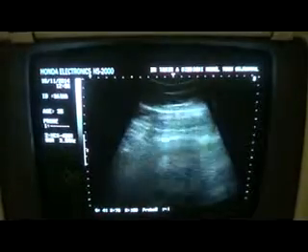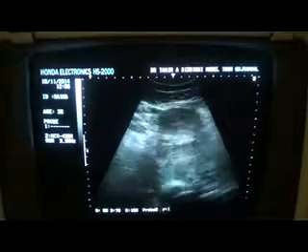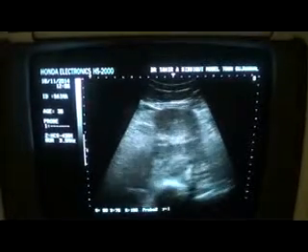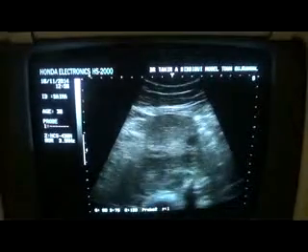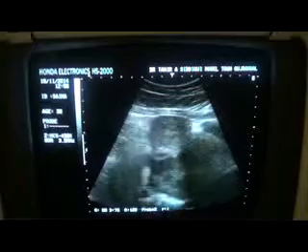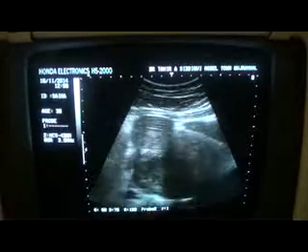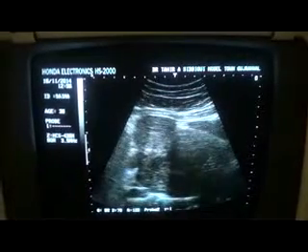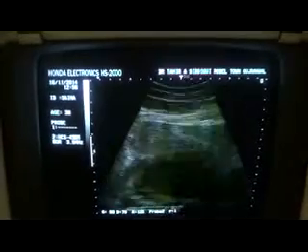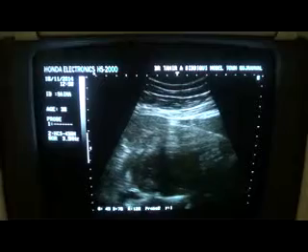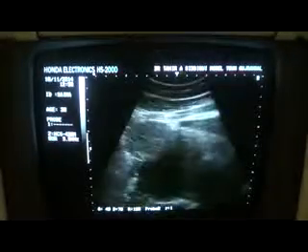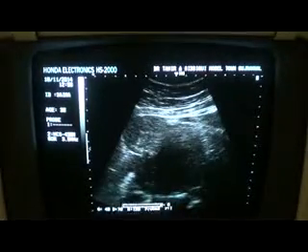Now another thing to note is that this is the uterus seen high above, just below the umbilical region. This is the uterus, and you can see that the whole length of the cervix is elongated by the pressure of the mass effect from the fibroid below.